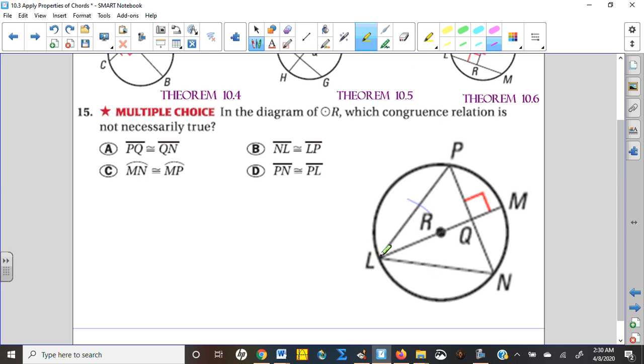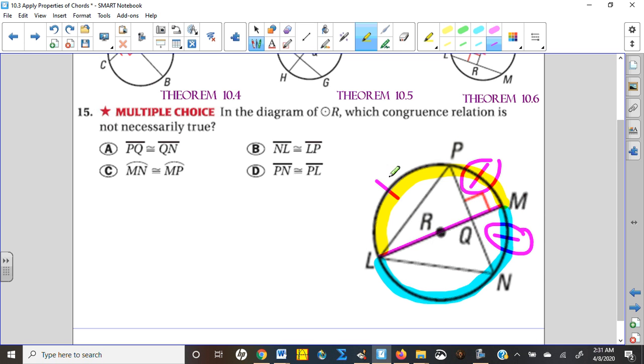So here's the deal. Because this is a diameter, it's cutting our circle into two semicircles, right? Semicircle 1, semicircle 2. But remember, because it's bisecting PN into those two congruent pieces, 180 minus something must be equal to 180 minus the same thing.